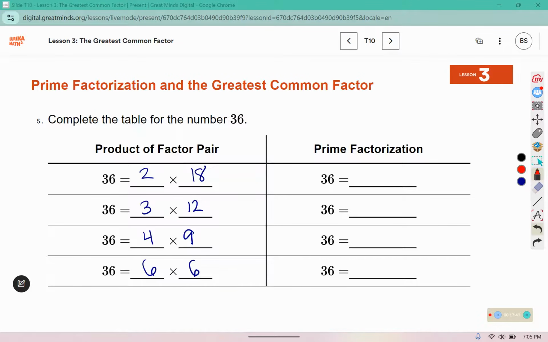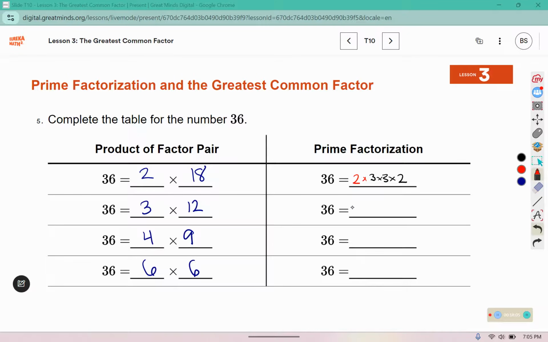Now to prime factors, the 2 is a prime factor, but 18 could be broken down into 9 times 2, but 9 is still a composite number, so we need to break that down even further, and 9 can be rewritten as 3 times 3.